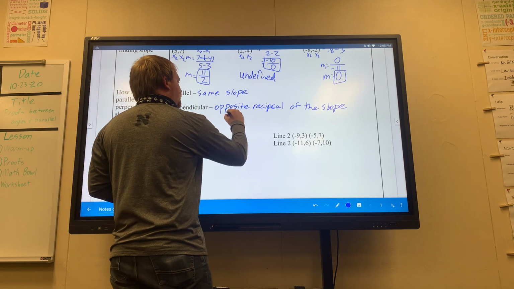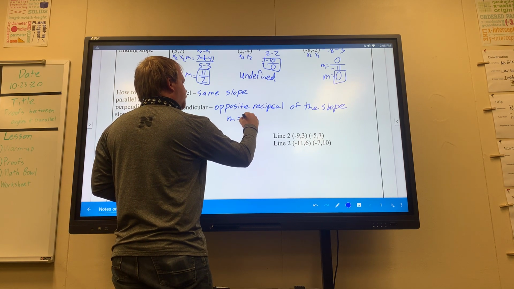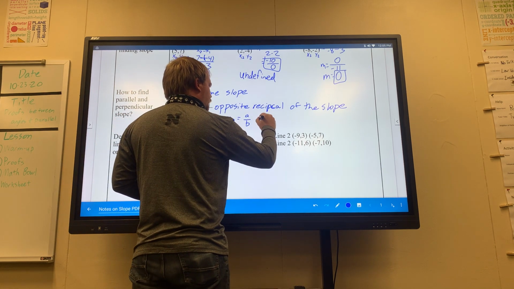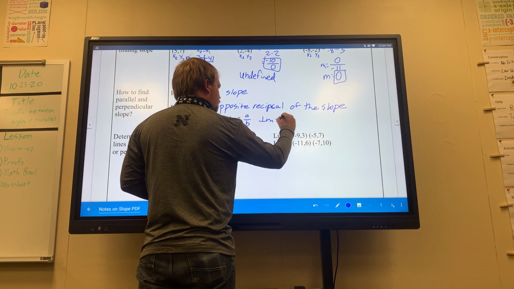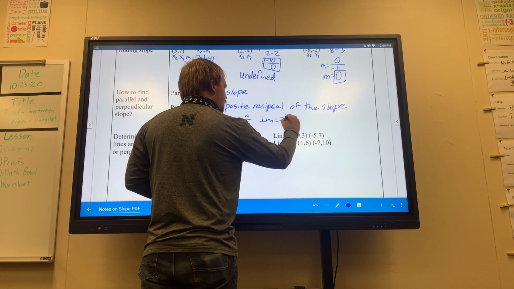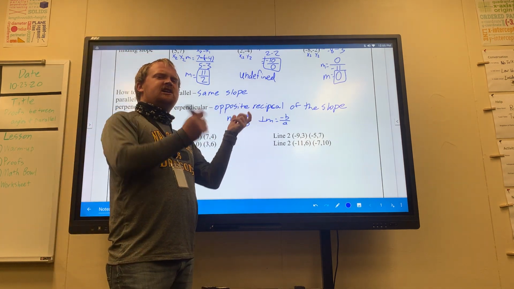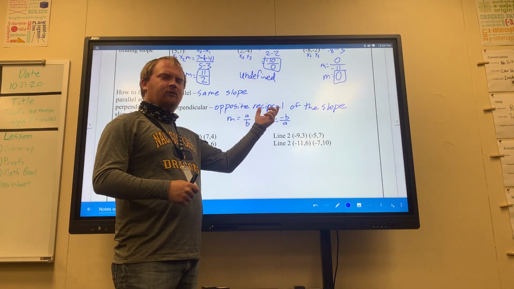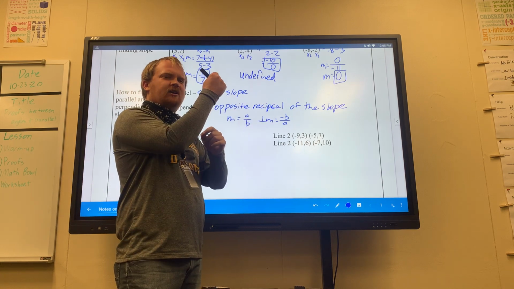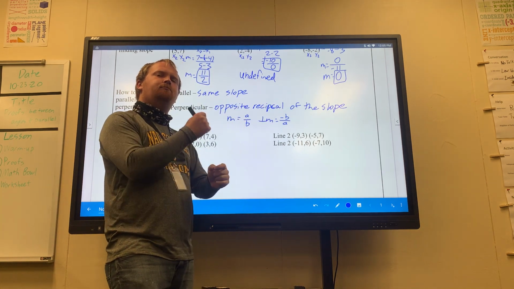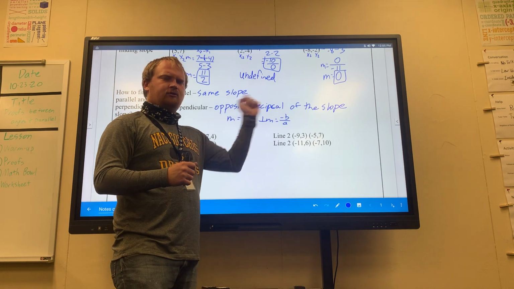So for example, if I'm given slope as a over b, well, the perpendicular slope will actually be negative b over a. So when we mean opposite, we're changing the sign. And when we mean reciprocal, we're flipping the fraction. So we have to be able to do both in order to recognize perpendicular.